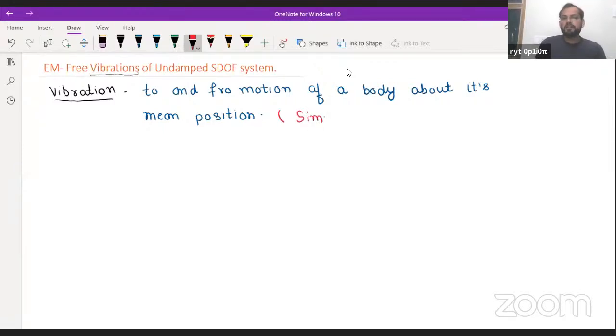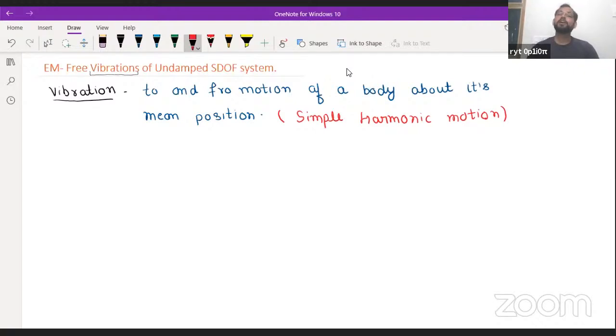Now this term is new to all. What is simple harmonic motion? It is a type of oscillatory motion, or a type of periodic motion.